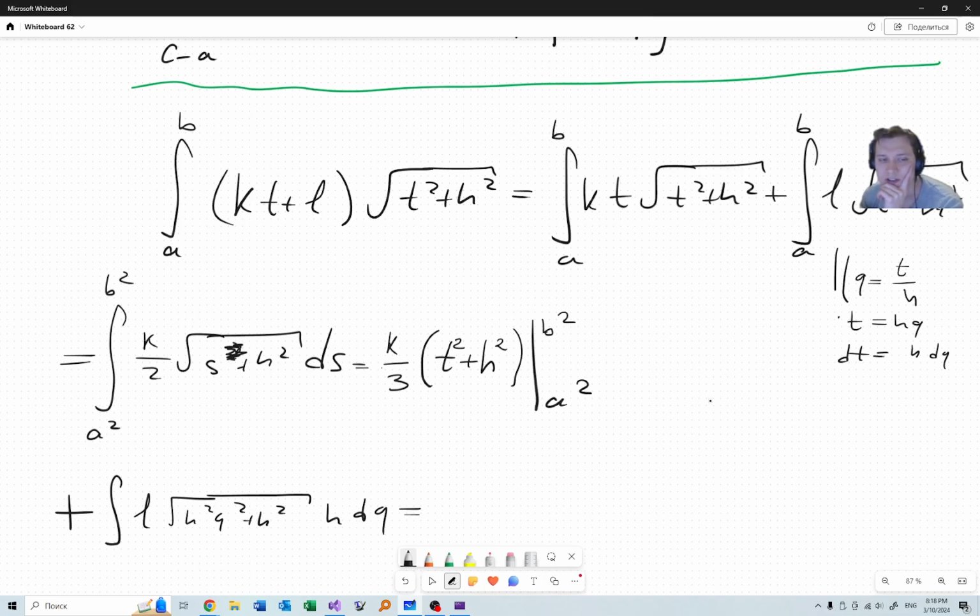And then it is l h squared times one half of q square root of q squared plus 1 plus log of q plus square root of q squared plus 1.